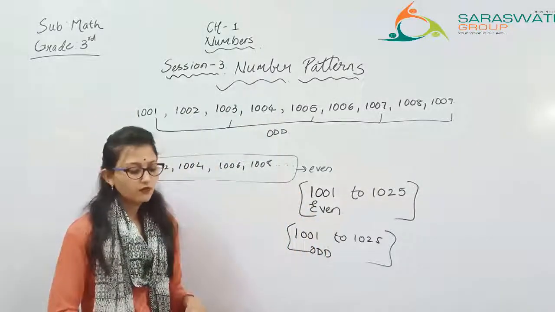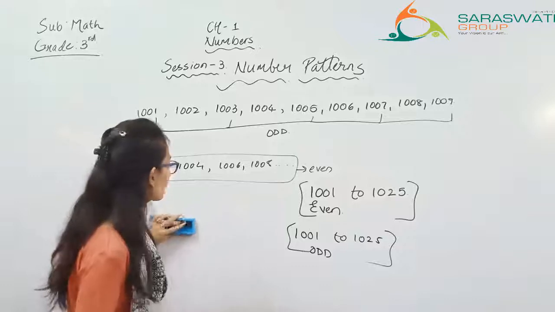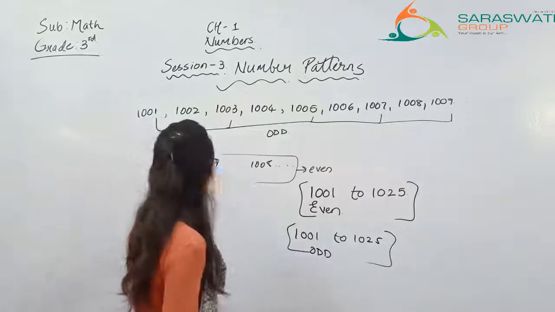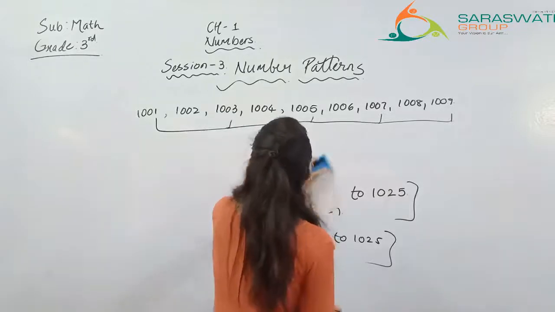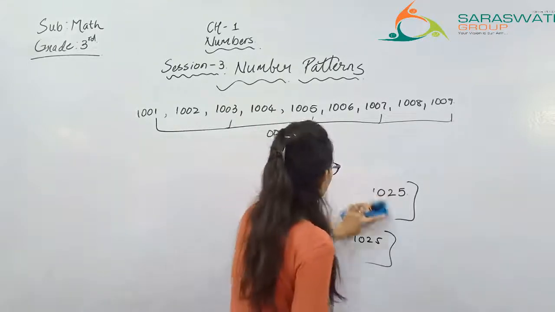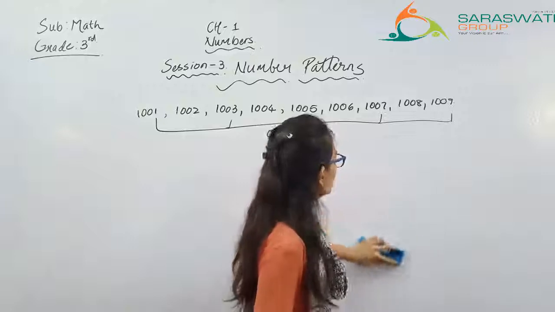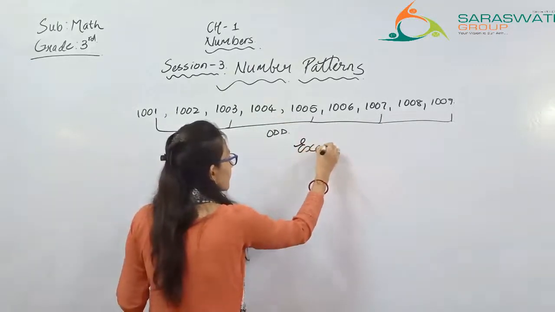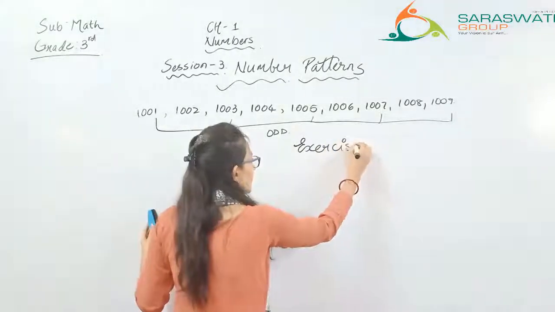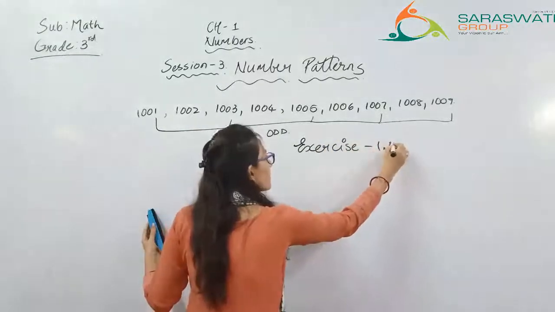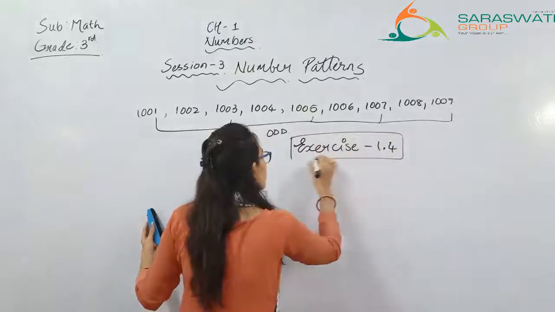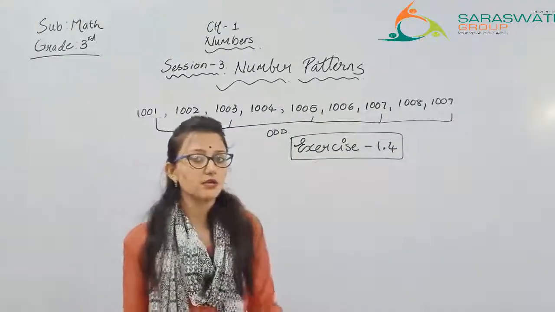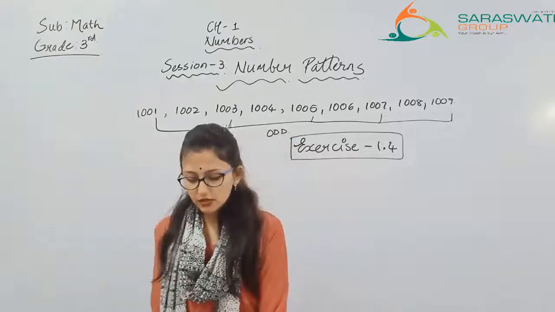And here we are going to exercise number 1.4, which you have to solve in your textbook itself. In this exercise, you have to write the answers in your textbook itself.